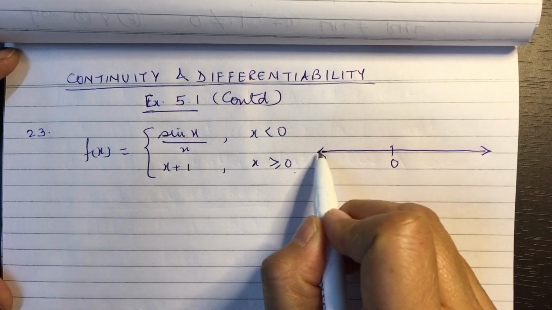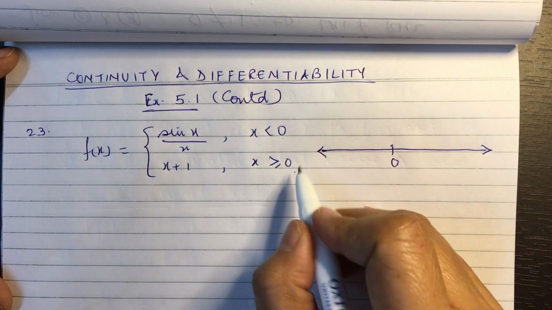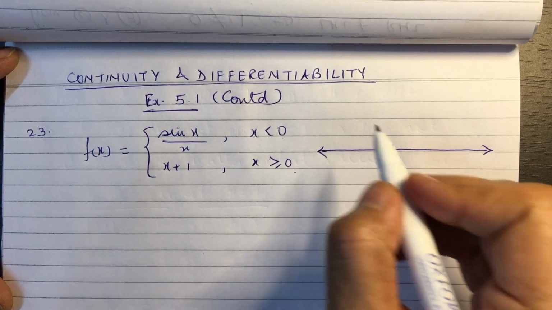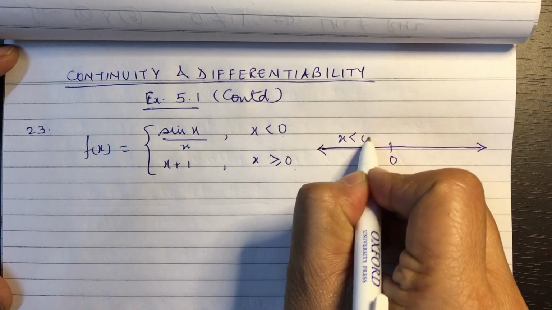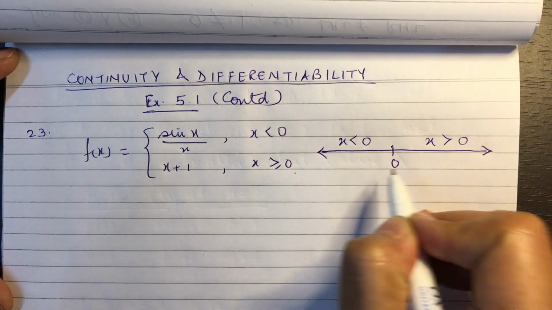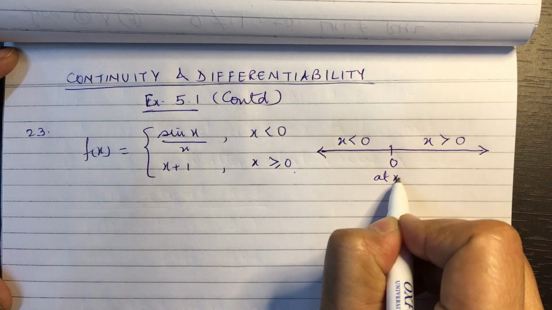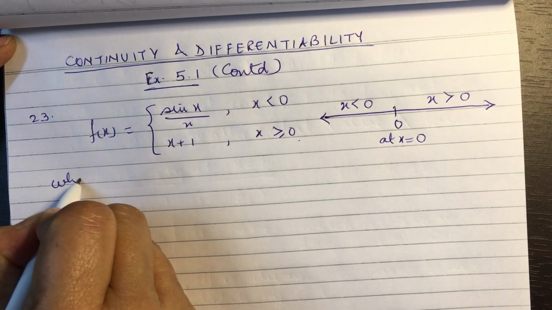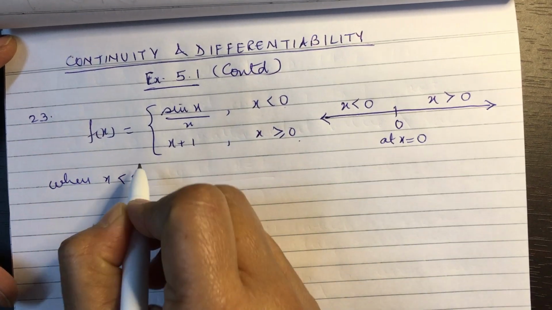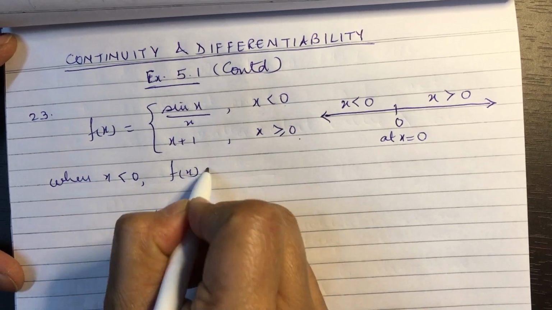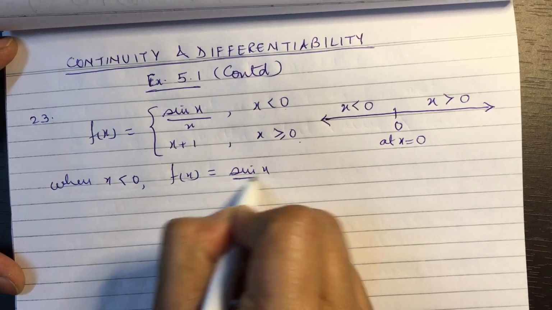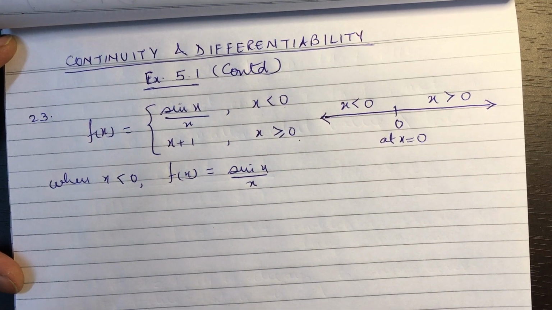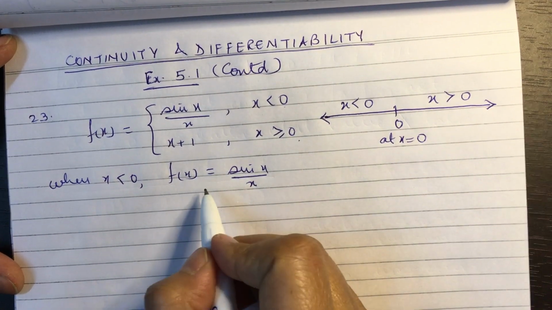for all the values of x in real numbers. Okay, so when x is less than 0, when x is greater than 0, and at x equal to 0. Now when x is less than 0, the function is defined as sin x over x.